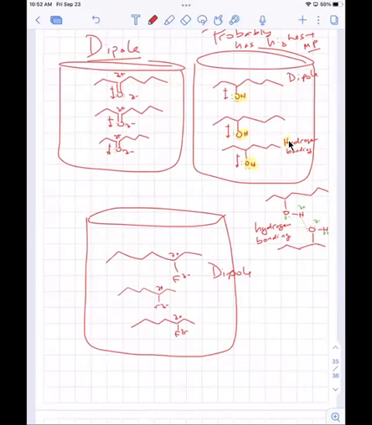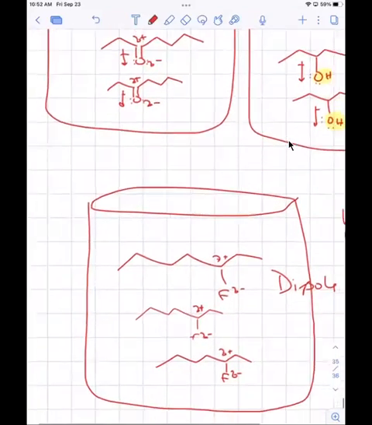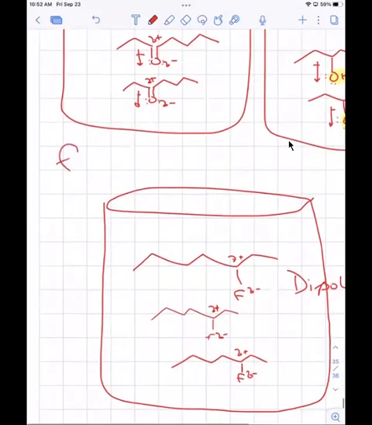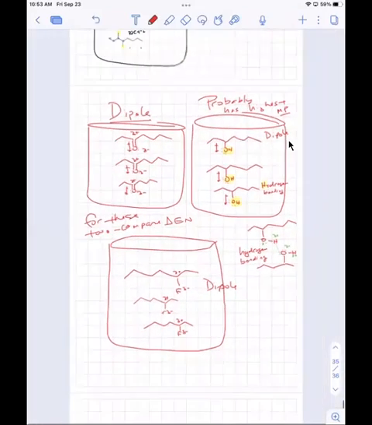You can compare the difference in electronegativities, couldn't you? And determine which one of those is more polar. And then by that, you can tell which one would have the strongest dipole attraction. So you can compare the difference in electronegativity. All right, we got to stop.